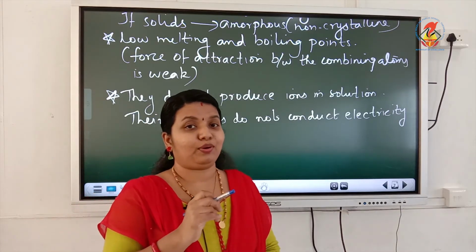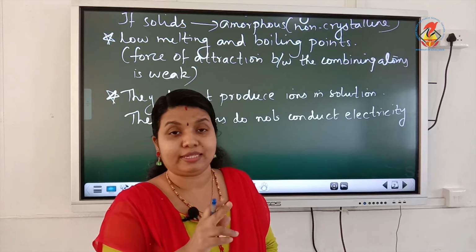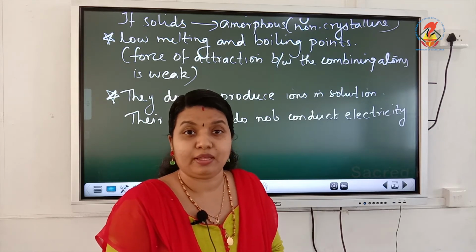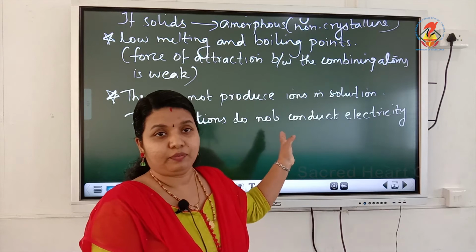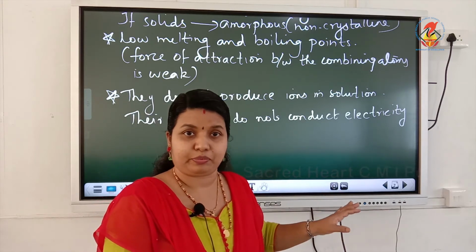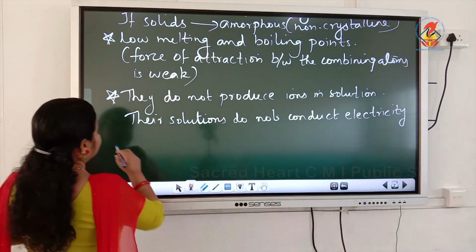In the case of ionic compounds, you learned that they conduct electric current due to the presence of oppositely charged ions. Here, when they are dissolved in water, no ions are produced, so their solutions do not conduct electricity.